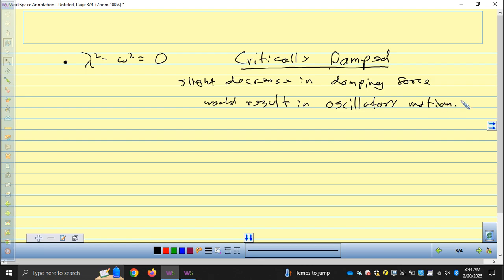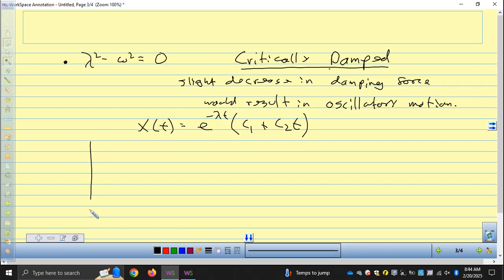And vice versa, a slight increase would give overdamping. In this case, our solution, x of t, is e to the minus lambda t times c1 plus c2 t. Since we get repeated roots, we have to add that t for our second solution.